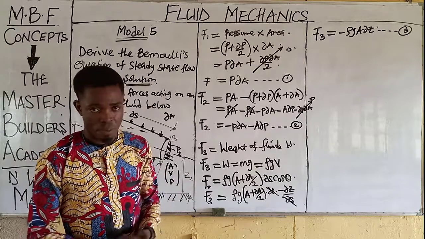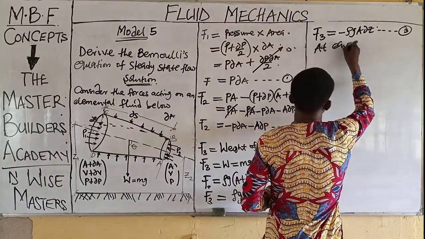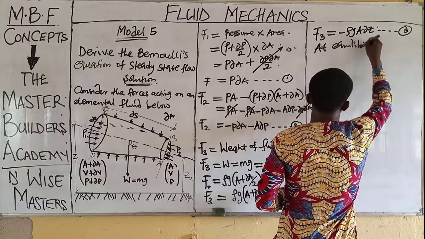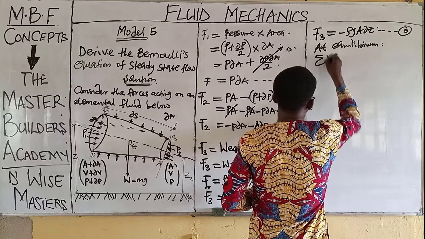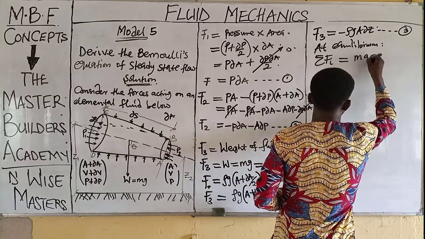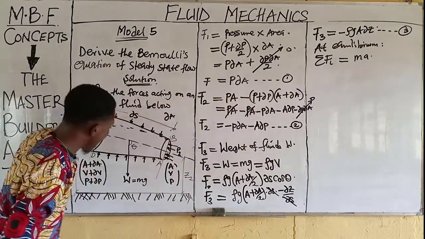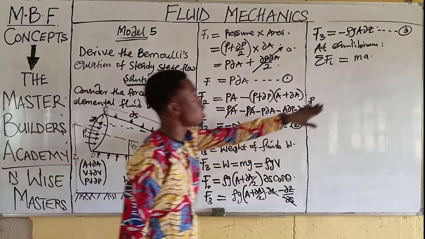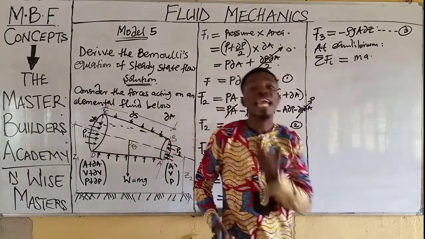at equilibrium, the summation of all the forces is equal to mass times acceleration, which is equal to force. Summation of all the forces acting on this system is equal to what? MA.